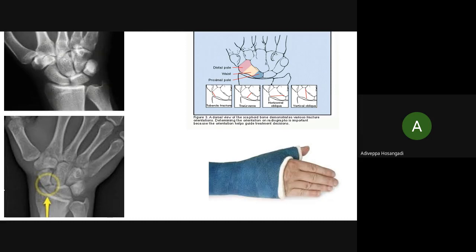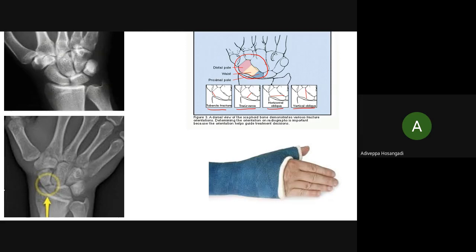So we are today focusing only on scaphoid fracture. Scaphoid can get fractured at different levels. Focus on this. Scaphoid fracture can happen at any level. Please remember there are of course different descriptions: scaphoid tuberosity, transverse fracture, horizontal oblique, or vertical.